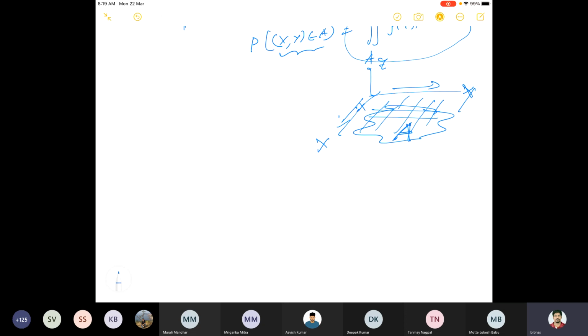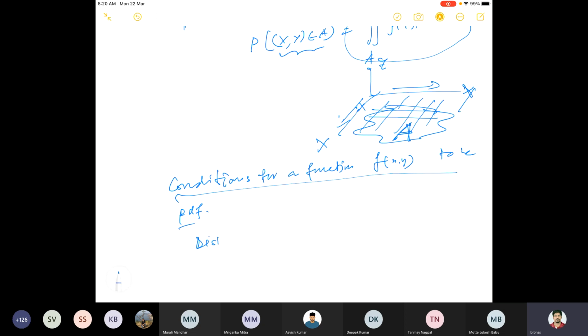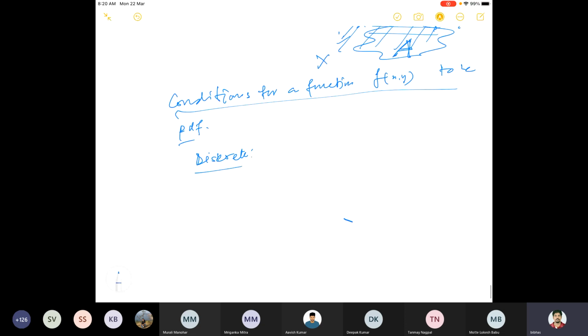Of course, the answer is no. So the conditions for a function, let's say f of xy, to be a PDF, or probability density function: for the discrete case, as we have seen, the function has to be non-negative. So here also f of xy should be bigger or equal to 0.